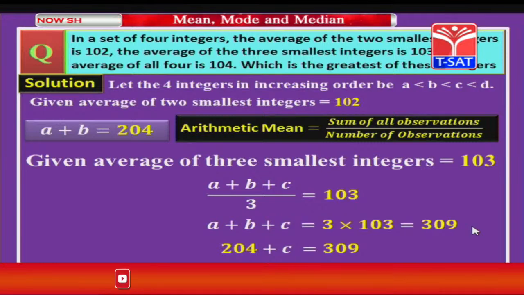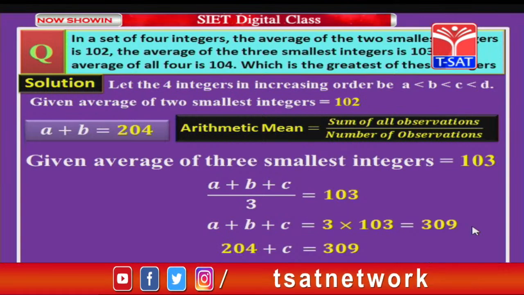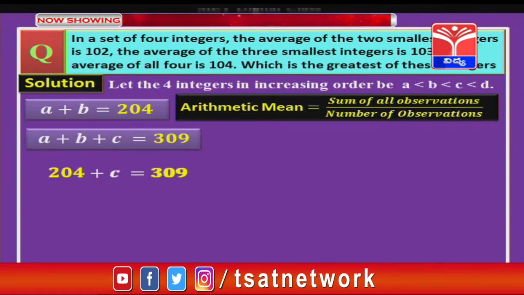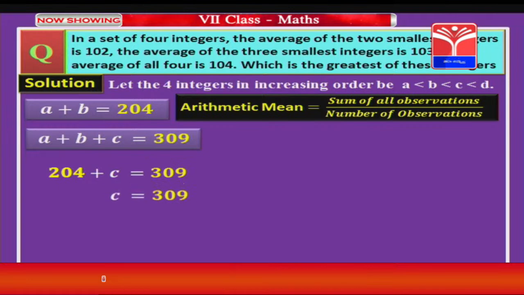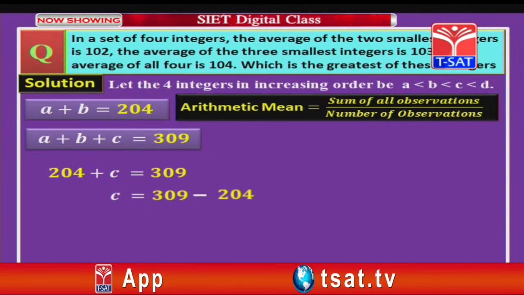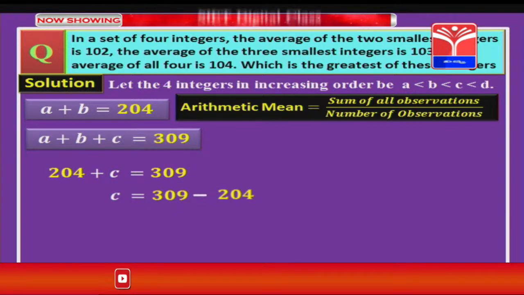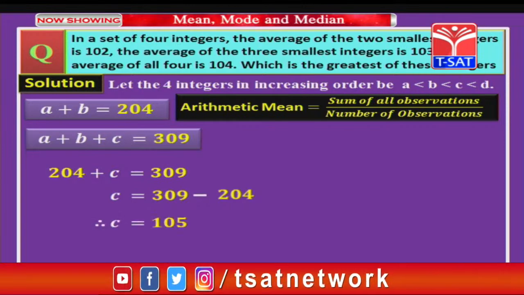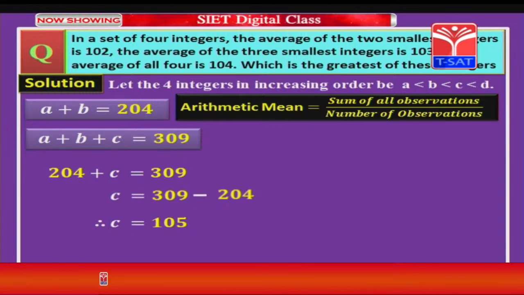So, we get 204 plus c equal to 309. Let us solve this equation now. So, what is the value of c, children? Yes, we get c equals 309 minus, we are going to send 204 to RHS, it will become minus 204. So, we get 309 minus 204. On subtracting this, we get 105. Therefore, the value of c is 105 children.